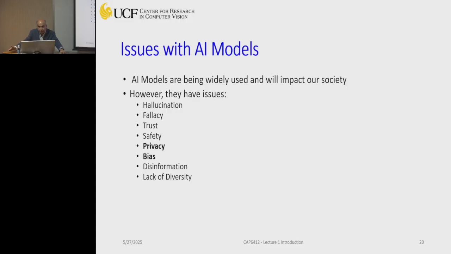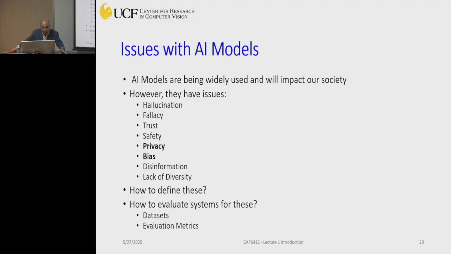I'm going to focus on two topics in this talk, privacy and bias. The issue is how we define bias and privacy, because this is so new and we are not used to it. The other question is how we evaluate these different systems for bias and privacy, what the data sets are, what the evaluation metrics are, and so on. That's a big issue.